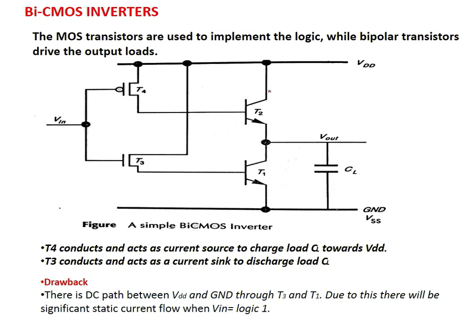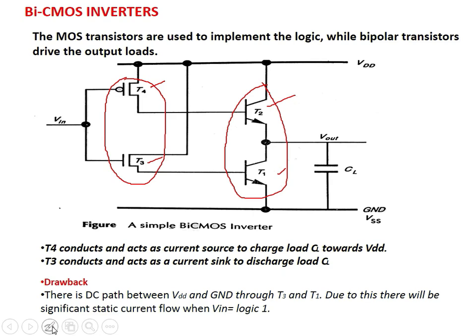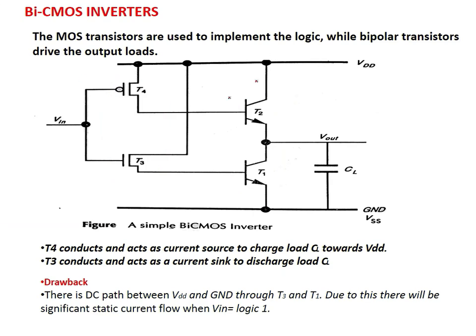This is a bipolar transistor and these are MOSFET transistors. This is PMOS, this is NMOS, this is CMOS and this is bipolar technology. Now we will see the operation, how it can work as an inverter.